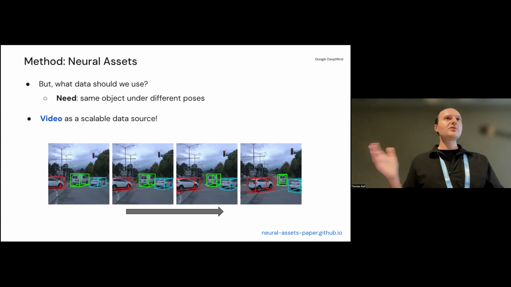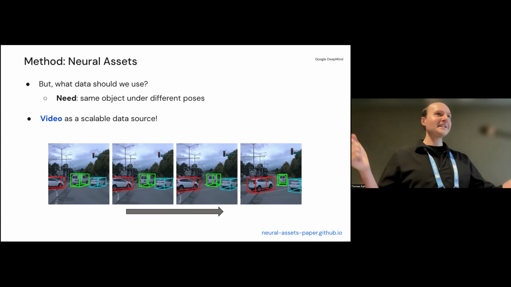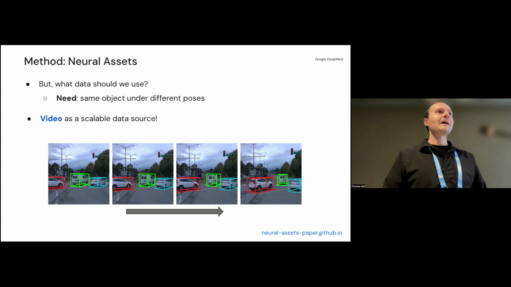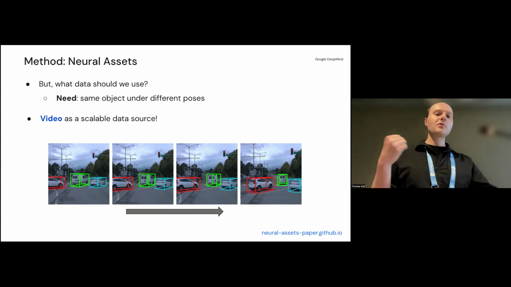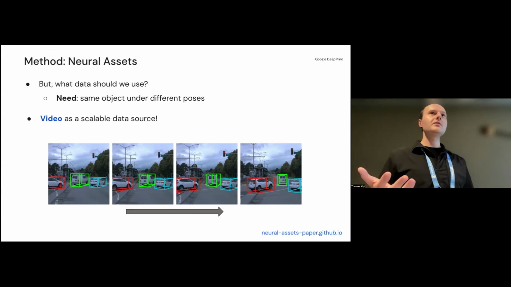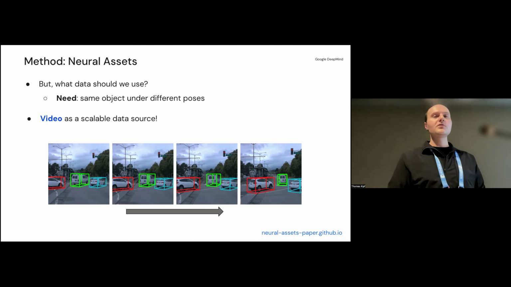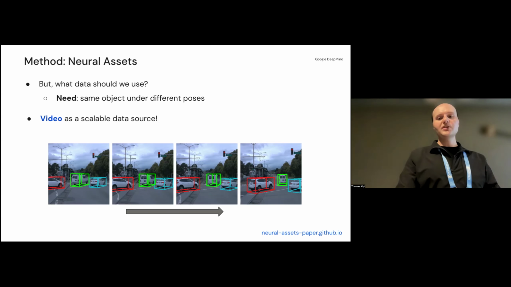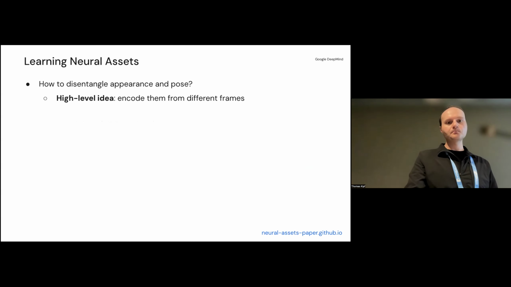But it turns out computer vision is pretty good at detecting and tracking things, and that's typically all you need to get those annotations. If you have a detection and tracking model and maybe some depth model or some kind of 3D annotation, you already have a lot of annotations which you can use to invert that problem and do inverse computer vision for learned graphics, which is more or less the idea behind this.